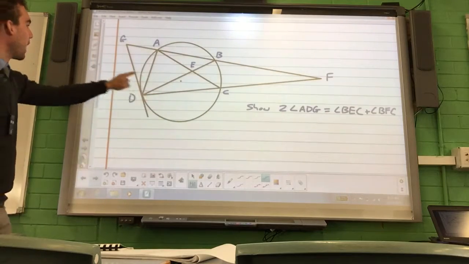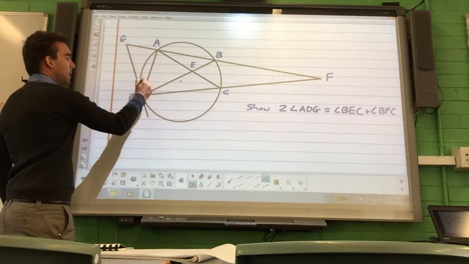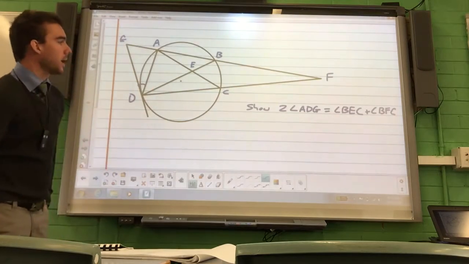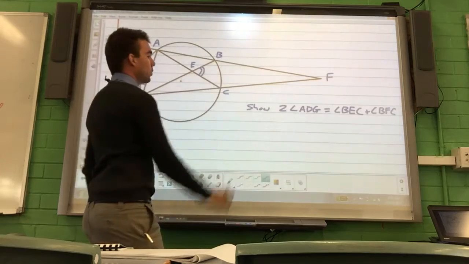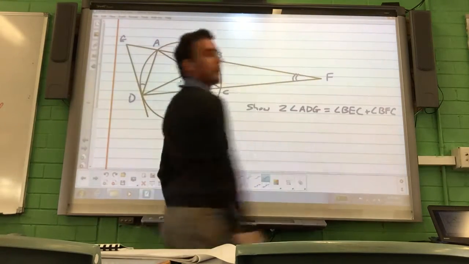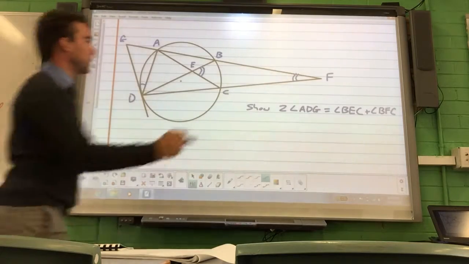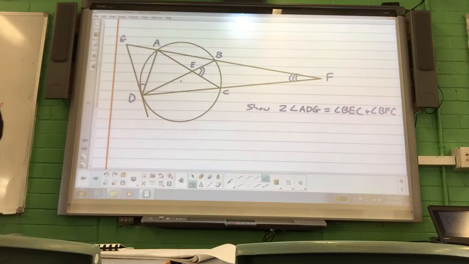Alright, the 2 lots of angle ADG is equal to angle BEC, that angle there, and angle BFC, this angle here. So they're not equal necessarily, so we need to put different markings there.